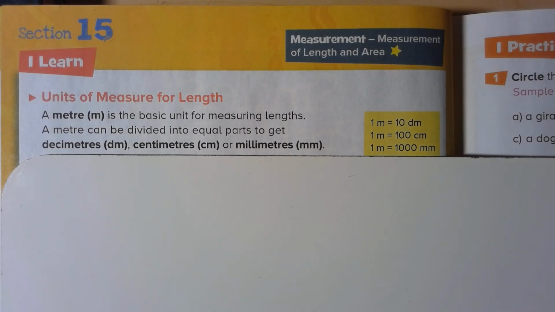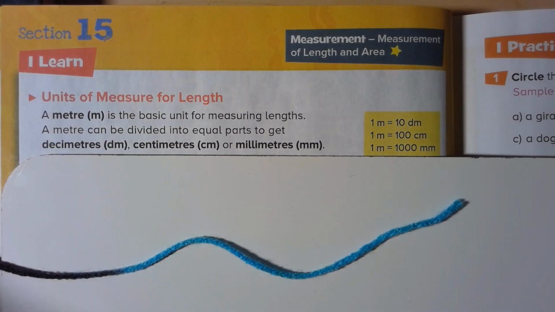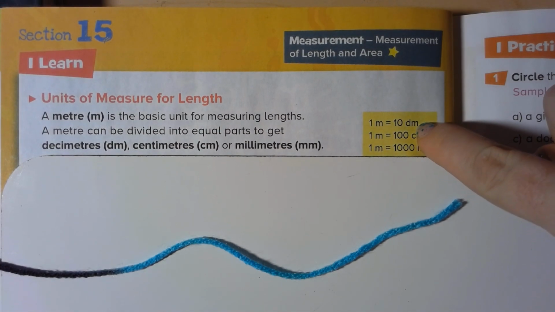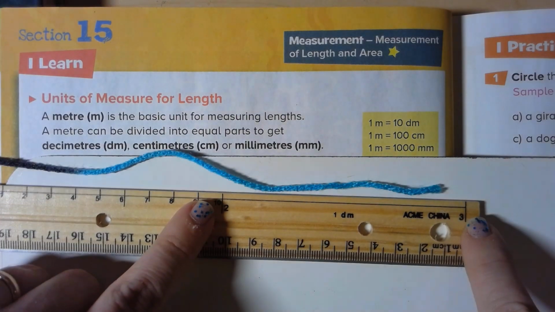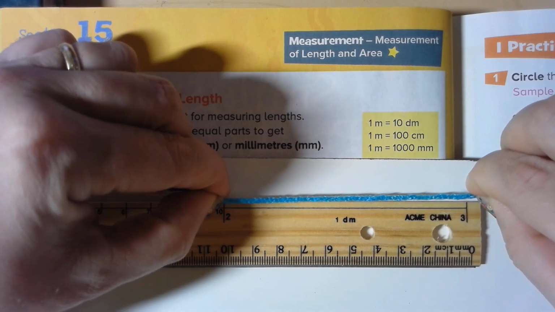So what people used to do is they would take bits of string, and if you take your ruler, they found out that 1 meter equals 10 decimeters. And so they would use their decimeter. They would measure it 10 times.